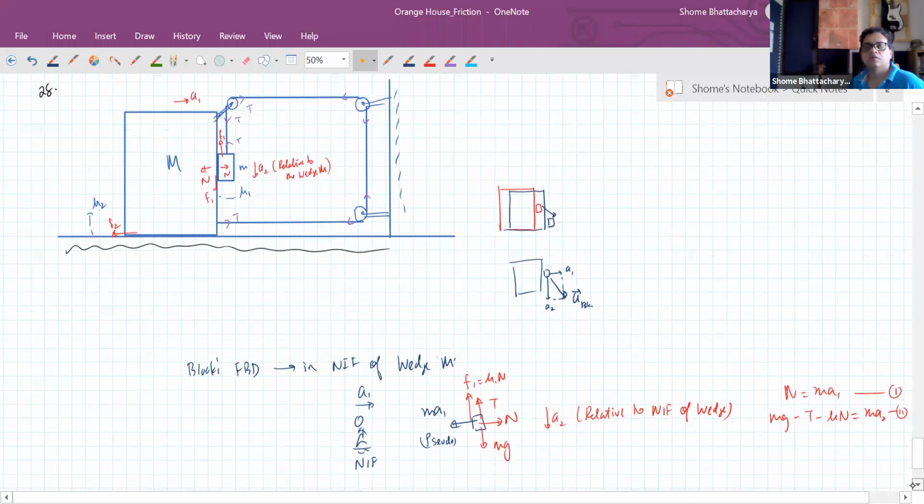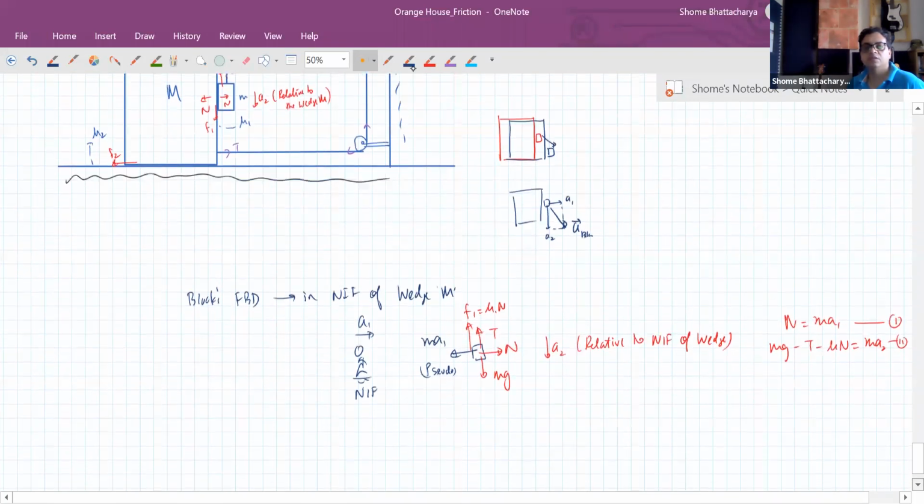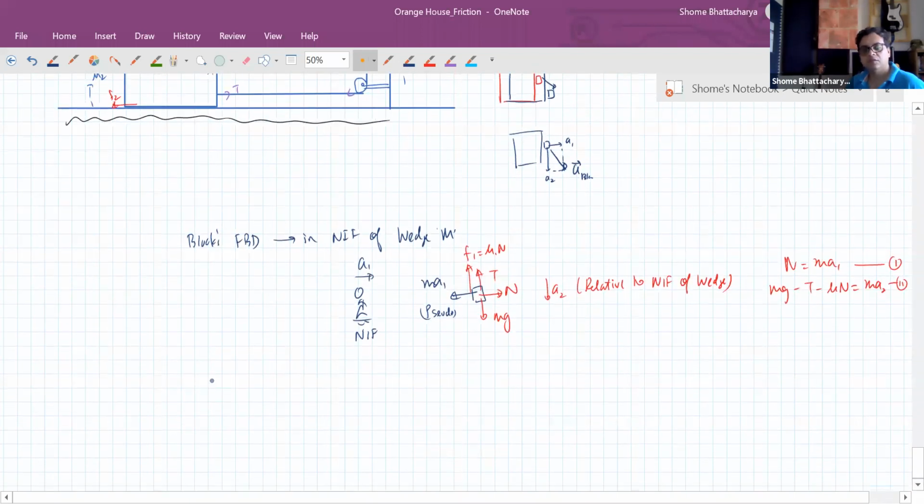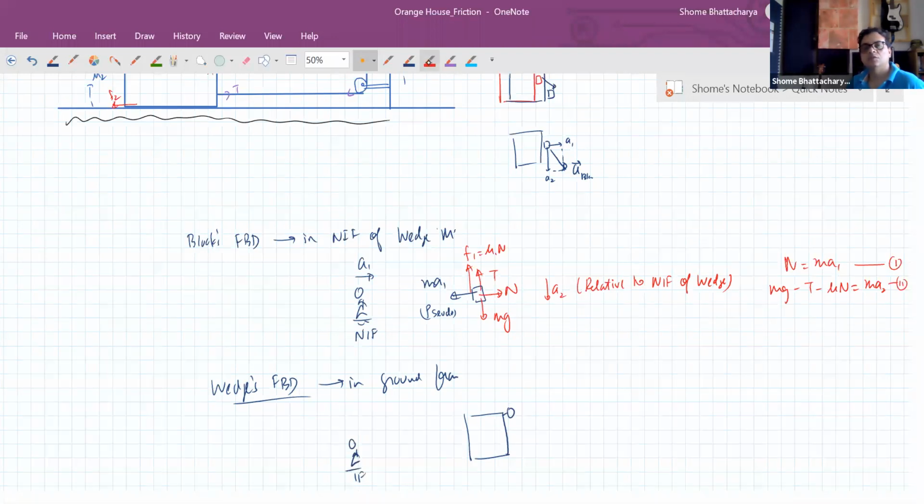Okay. Whereas what you do is you make the wedge's FBD, okay, in ground frame. But for the wedge, you have to be very careful about all the forces acting on it. Okay. Because there is this pulley attached here. So there is tension, tension, and another tension.